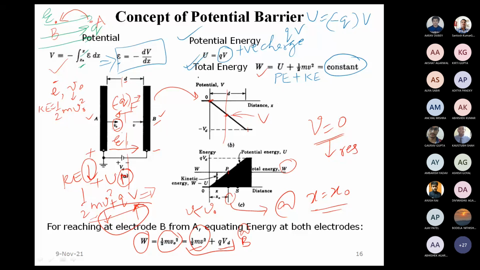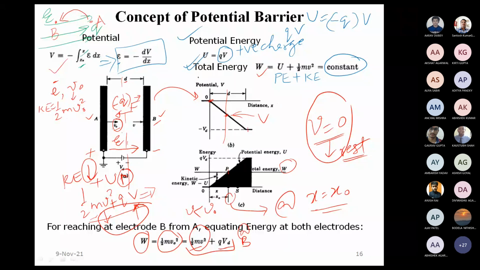Rest means it is not moving at all. And beyond this point, we will not see the electron appear; it will appear as if there is no charge beyond that point at which v is equal to 0.